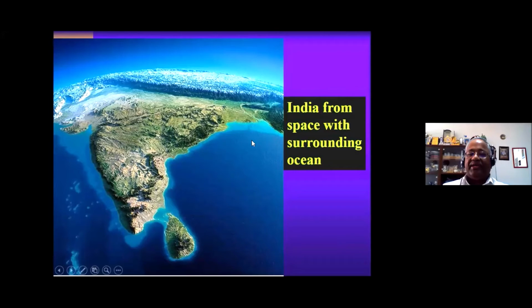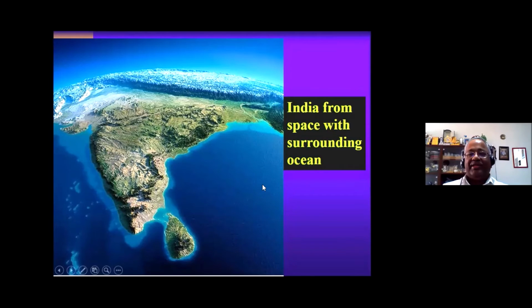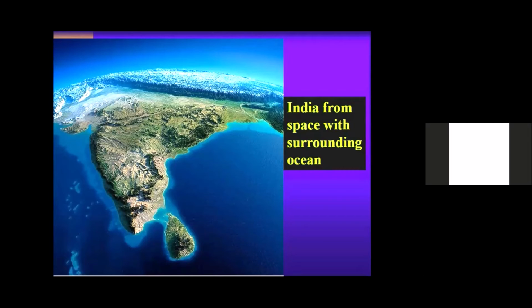When you come from here and go into this area, the deep water here, do you know what the water depth is approximately? Any idea? No, sir. If you know the meaning of 1 kilometer, right?